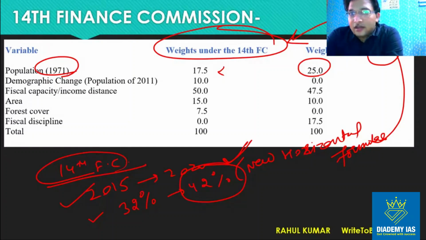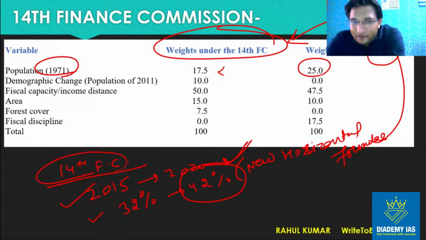And all the states will get the funds according to 1971 population, because there are some states, for example southern states, which are applying family planning programs successfully and are able to control their population. And on the other hand, the northern states and eastern states, UP, Bihar, MP, these states are not controlling their population. Their population is exploding.